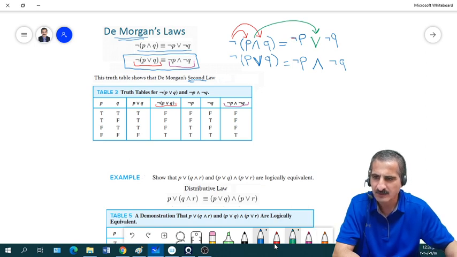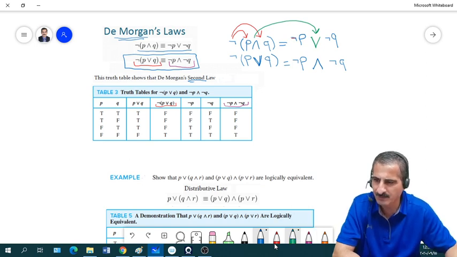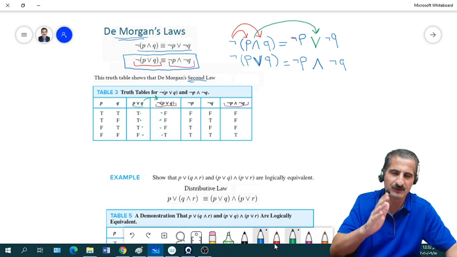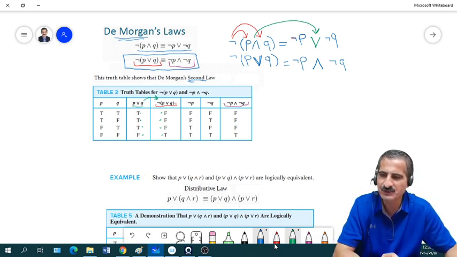Now we know the truth values of P and Q, and P or Q is known for us. To go from here to here, we just do negation. So true will get false, true false, true false, true false. It is just a negation. So we got the truth values of the first proposition on the left.